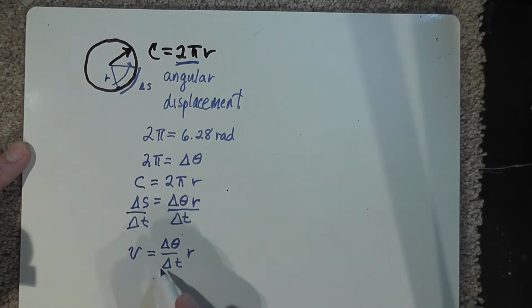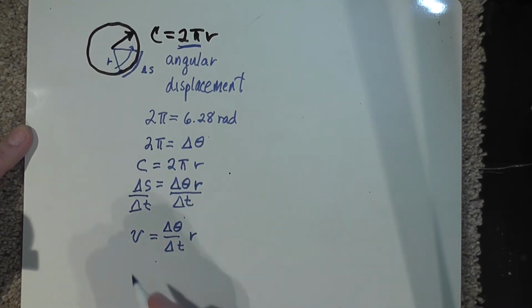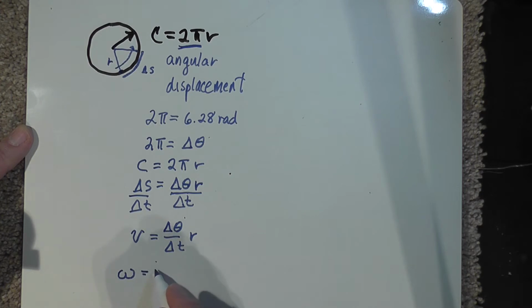Now, the delta theta over delta T is called angular velocity, and we represent angular velocity with a Greek letter called omega. It kind of looks like a little W. And that's equal to the change in angle over the change in time.